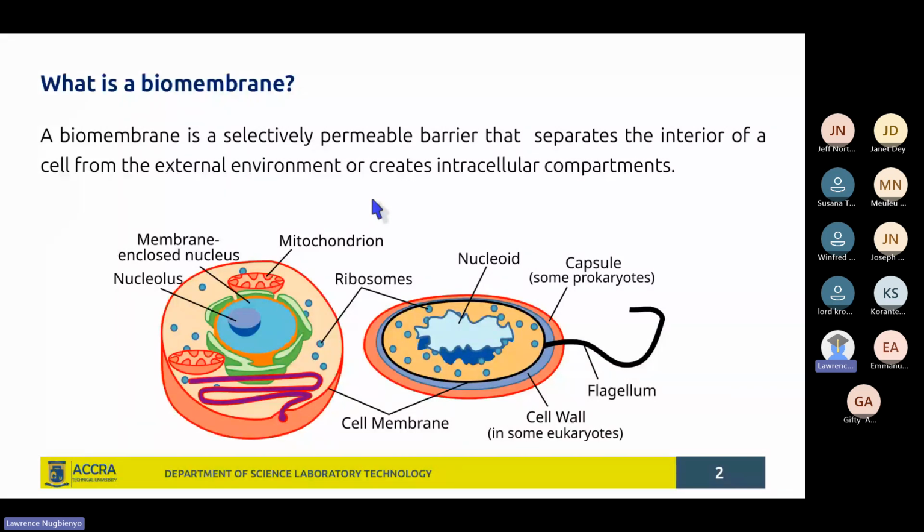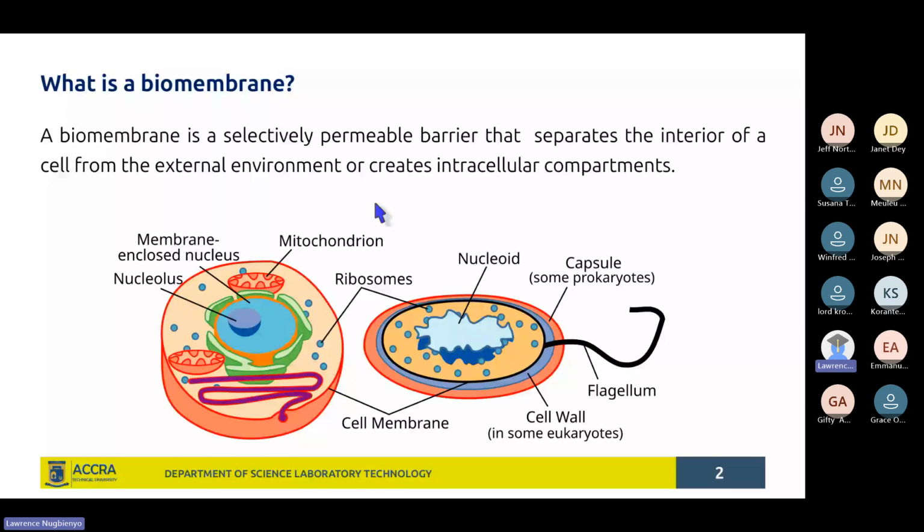And even within the cell, you have some organelles that also have membranes around them. So a biomembrane simply is a selectively permeable barrier which separates the interior of a cell, and even of organelles, from their external environment.